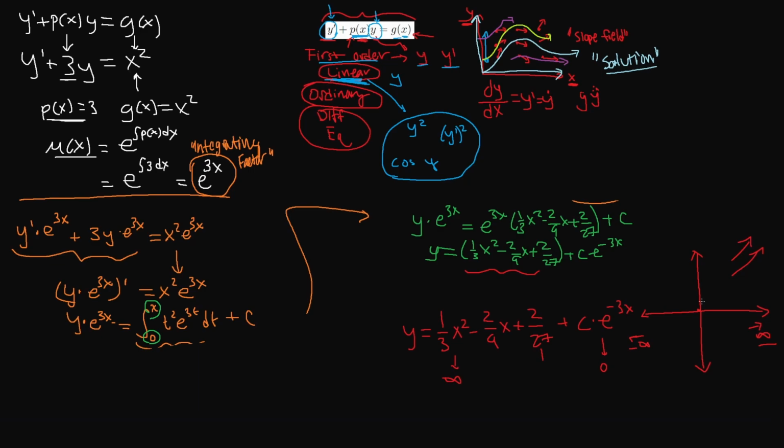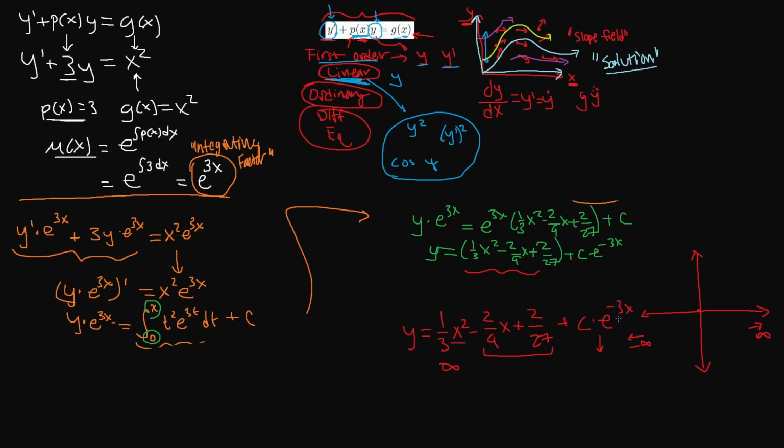Now let's think about negative infinity. Let's say x goes to negative infinity. This term is x squared, and something negative that's squared is positive, so that's going to infinity. And remember, these terms don't really matter because they get overpowered by the x squared term. This exponential term, however, x is negative now, so we think about it as e to the 3 times infinity.